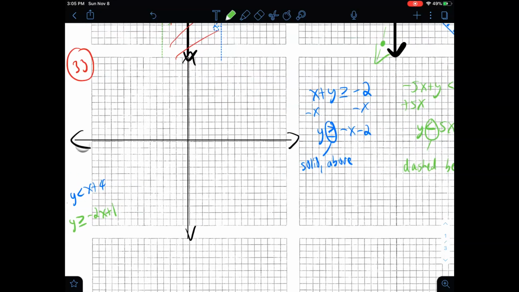Okay, so it's going to be y is greater than or equal to negative 2x plus 1. We're going to go up 1, put a point. Our slope is negative 2 for that one. We're going to go down 2 over 1, down 2 over 1, keep going. And we're going to go the exact opposite direction, which is up 2, left 1. It's a solid line.